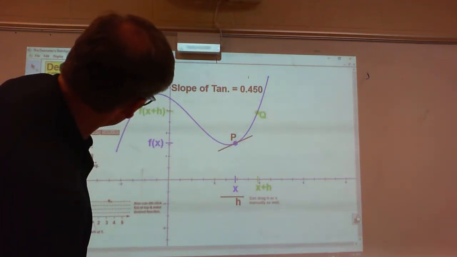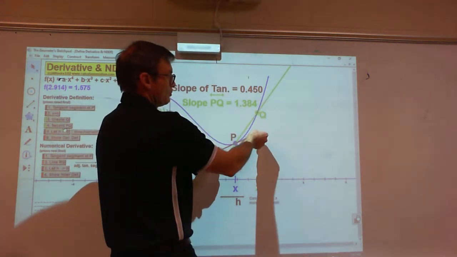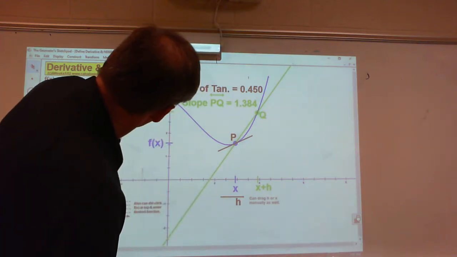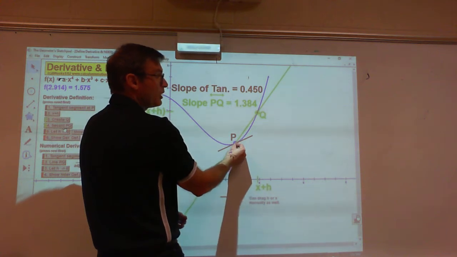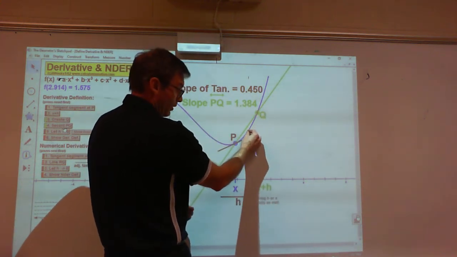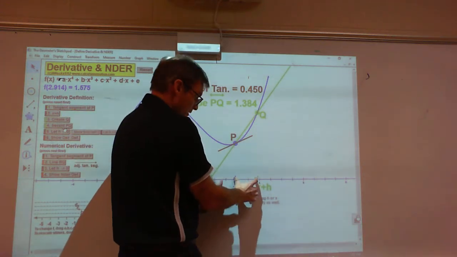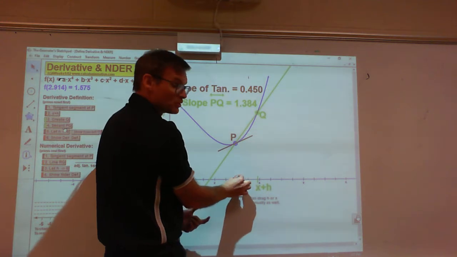They draw that little green line, and the goal is I want the green line to match up to the slope of the black line. The way we're going to do that, I want to move this point closer to here. You can move Q closer to P since this distance is h, so I want the distance h to get really, really small.